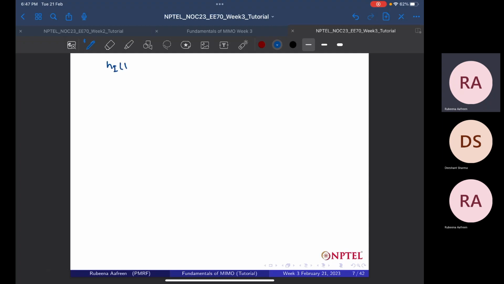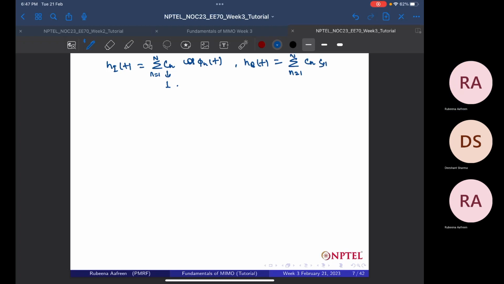So see, we have h_I(t) equals summation c_n cos of phi_n(t). The c_n is also random, but typically we are considering the c_n as, suppose, 1. Now this h_I(t) and h_Q(t) are sums of random variables.